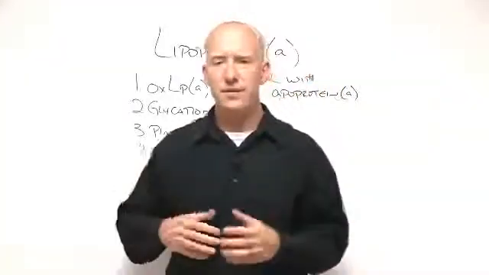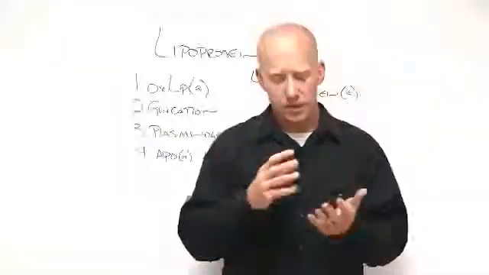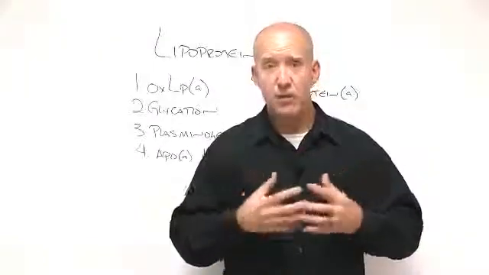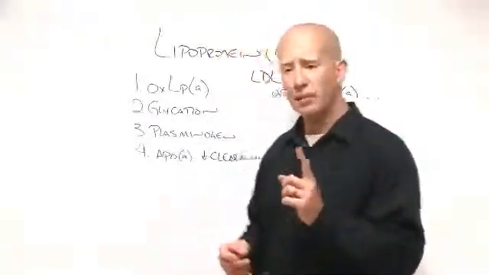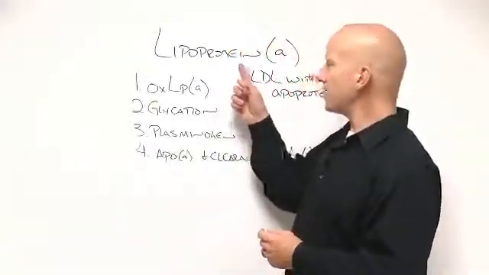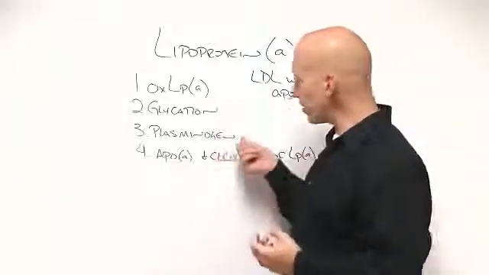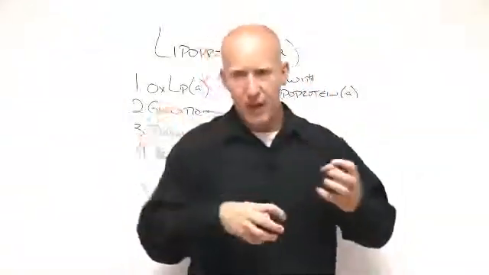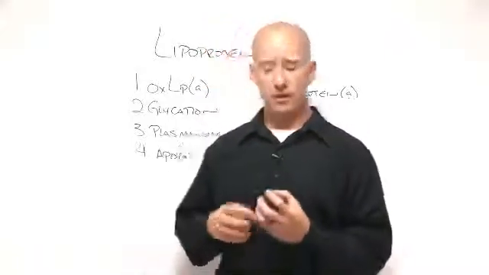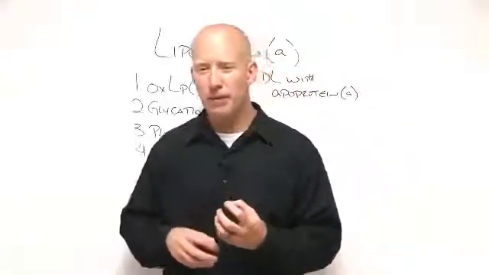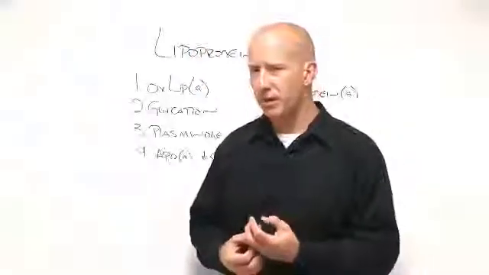Plasminogen is present to help break down the fibrin or the clots that are present. The problem is that Lp(a) seems to structurally be similar to plasminogen and will actually competitively bind to where plasminogen may normally bind to stimulate it to convert into plasmin.